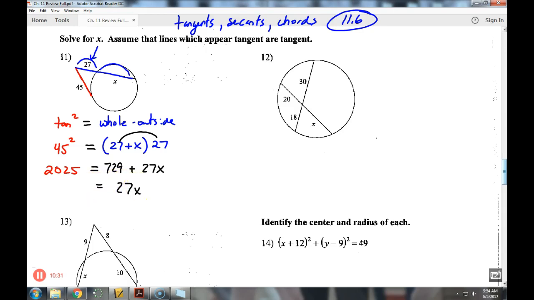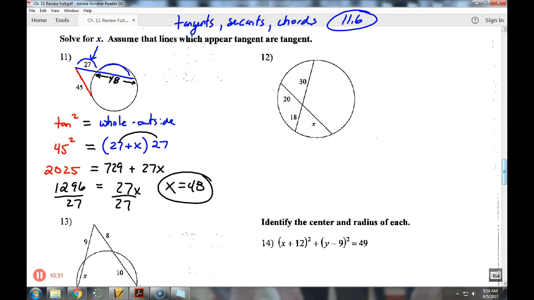I'll subtract 729, so that'd be 1296, I believe. And divide by 27, divide by 27. I'm going to cheat here and look at my answer. It looks like 48. So x equals 48. So that would be how long this inside portion, just this little chord right here, would be.